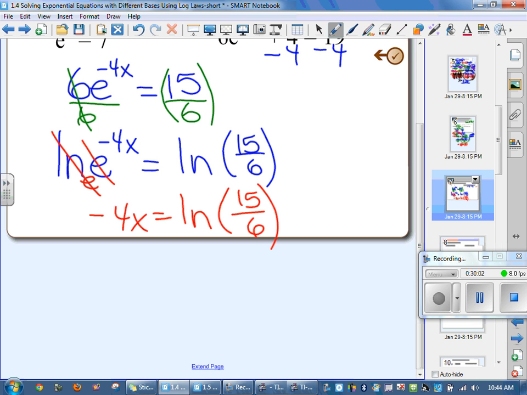So that's what you type in. You're going to type in ln, it opens the bracket automatically, 15 divided by 6, close your bracket, divide by -4, enter. Okay? It's going to give you -0.23.